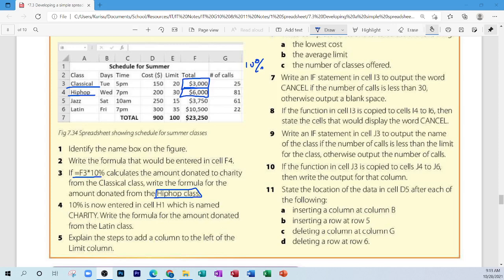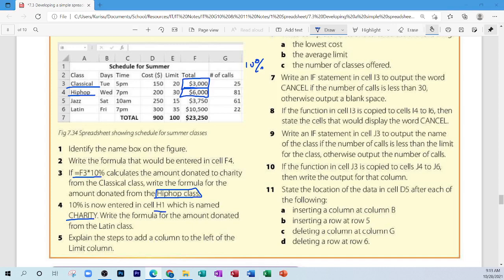So with relative addressing, the cell name would change. So if we had used H1, that name would have changed if we had copied the formula. So that is why in this case here, we use charity.